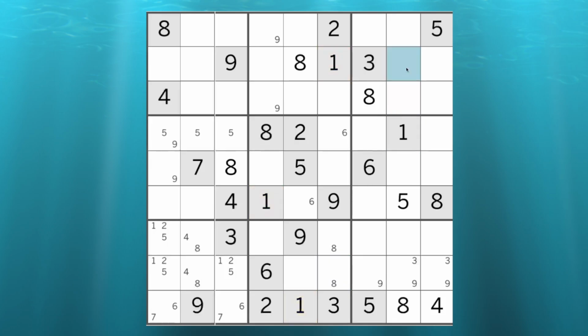This one keeps the ones being there. This one means it can't be there, so ones are in the corner.